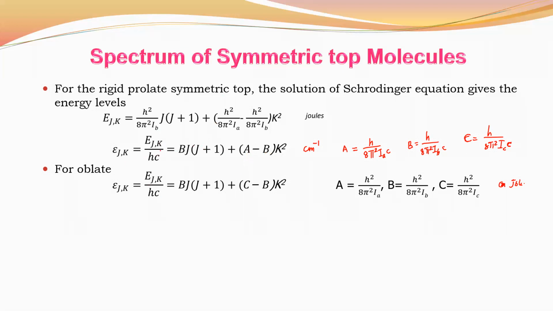So this expression is for the prolate symmetric top, and this is for the oblate symmetric top. The only difference, look here: for prolate it is (A minus B) into K square, and in the case of oblate it is (C minus B) into K square.